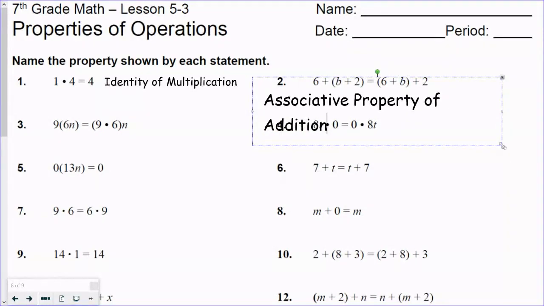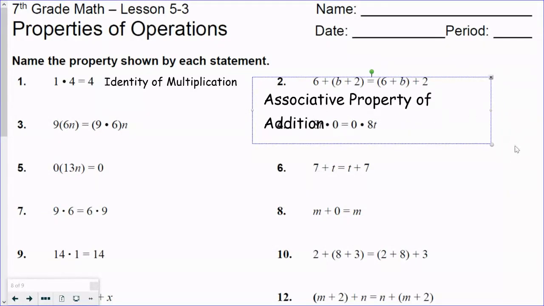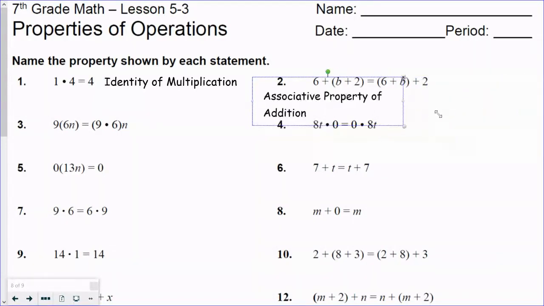I'll shrink this down. Notice I put what operation we're using. If you're using the associative, commutative, identity, you need to put also what operation it is, because that is part of knowing what type of property it is. Then you'll finish the remaining parts in this section.